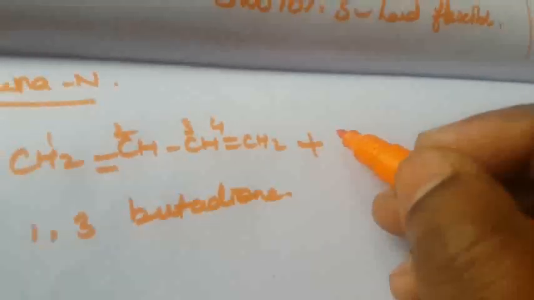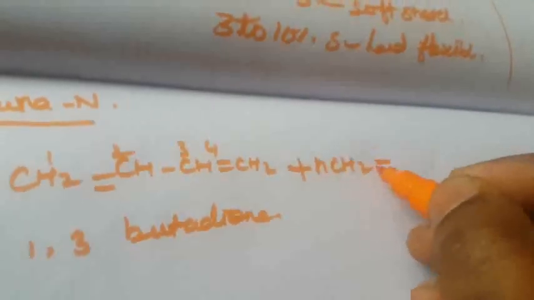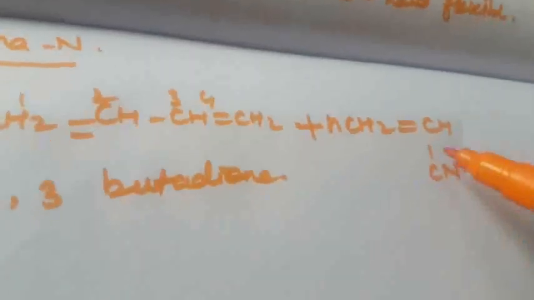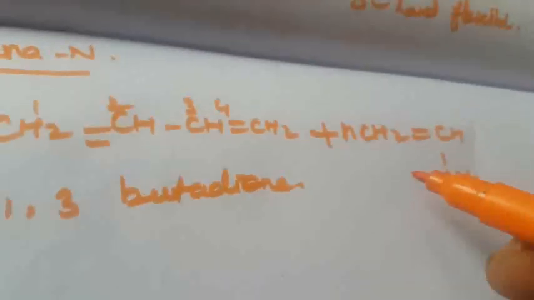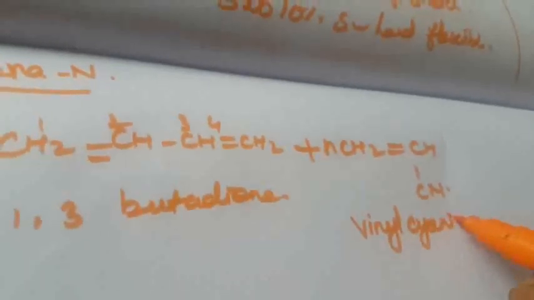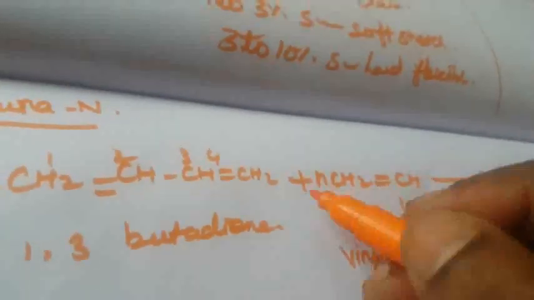The formula of acrylonitrile is CH2=CH-CN. The CN is a nitrile group, and acrylonitrile is otherwise called vinyl cyanide.